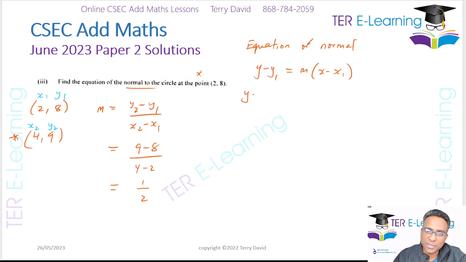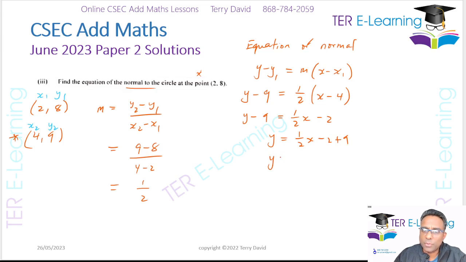It's going to be y minus 9 is equal to a half, that's your gradient, open brackets, x minus 4. So y minus 9 is equal to a half x minus 2. Therefore y is equal to a half x minus 2 plus 9, so y is equal to a half x plus 7. So that's your supposed equation of your normal.